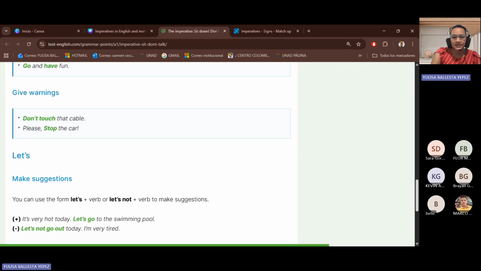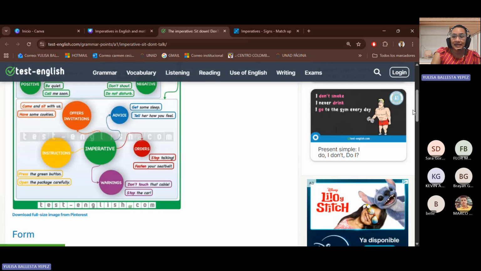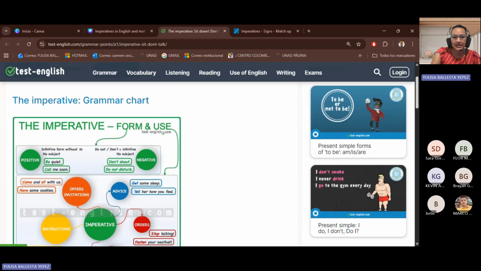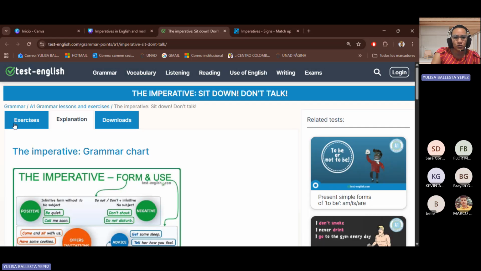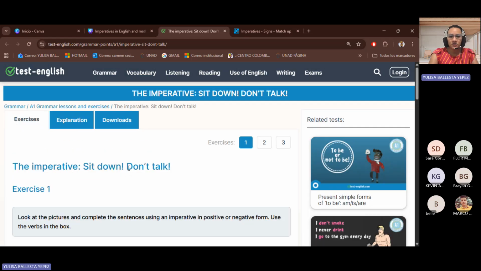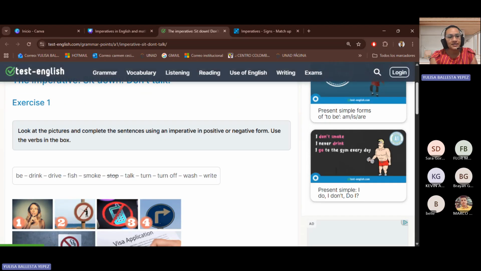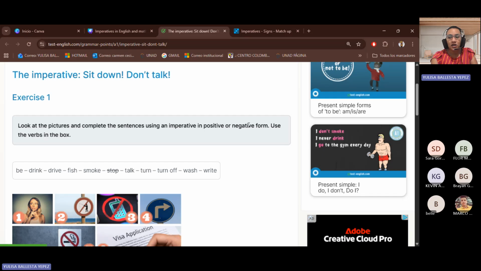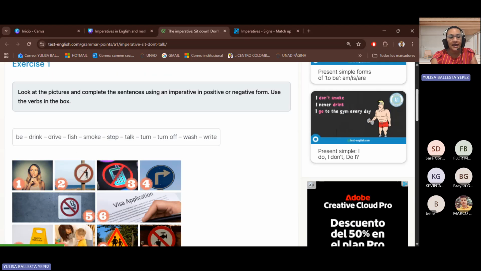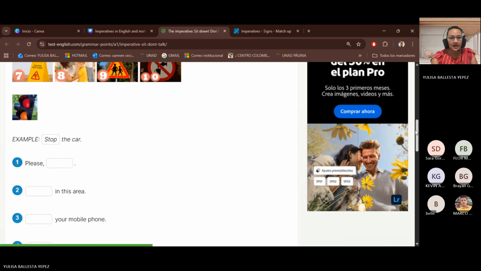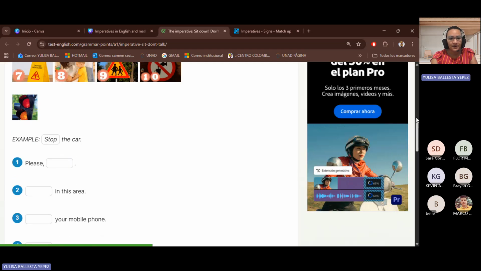So with this in mind, I'm going to send you a link so you can do this exercise. I'm going to show you what you're going to do. It's 3 exercises. The first part, you are going to look at the pictures, the number of the pictures, and you have to write the phrase that you have here.